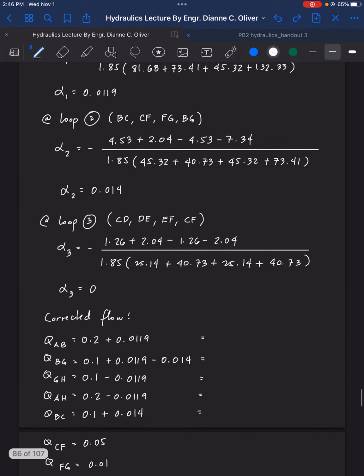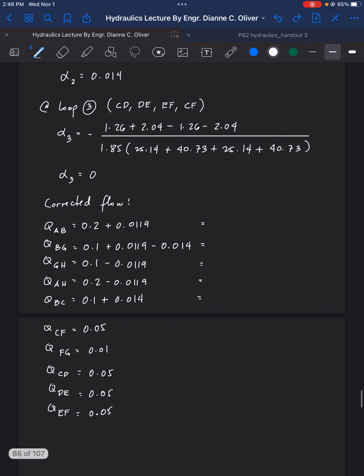But since we have 0 correction for loop number 3, it's only 0. Next, FG is negative because it's countering the flow on loop number 2.